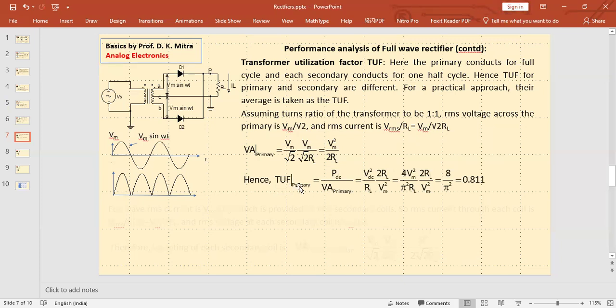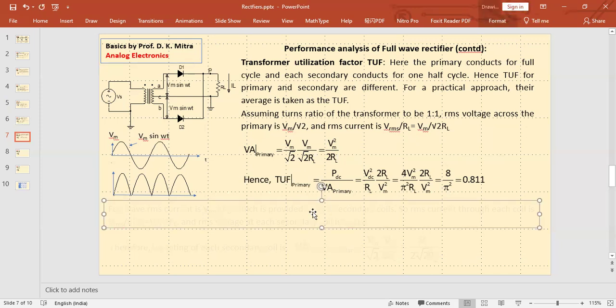Transformer utilization factor is the ratio of DC power delivered to the VA rating of the primary. What is the DC power delivered? VDC square by RL. And what is the VA rating of the primary? We got it here. If you put these values, you get transformer utilization factor of the primary is 0.811. That means 81.1%. So this is so far as the primary is concerned.